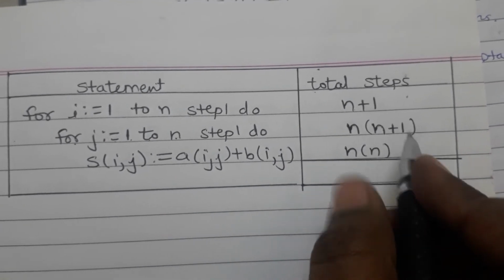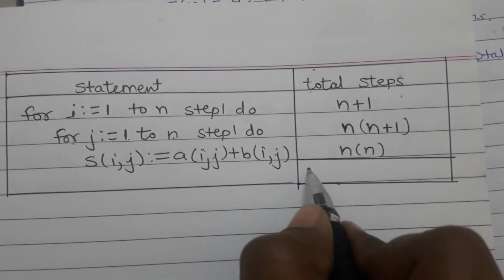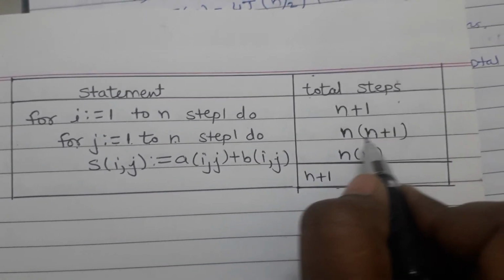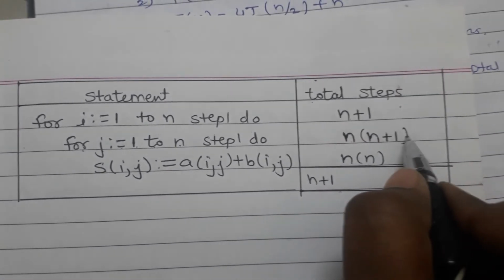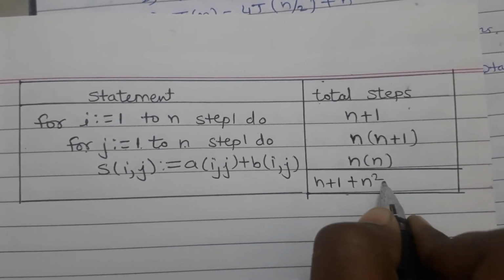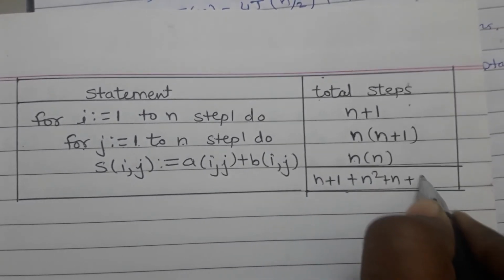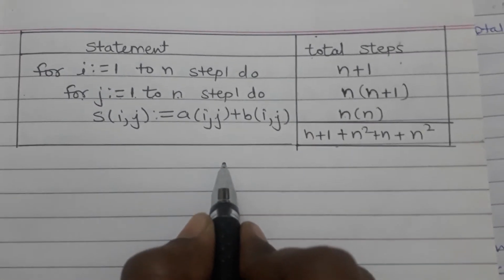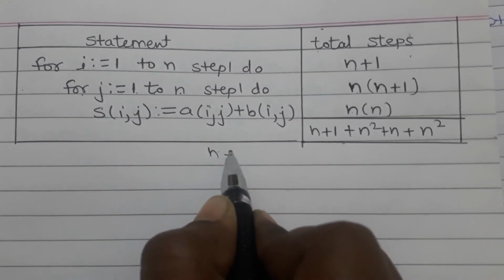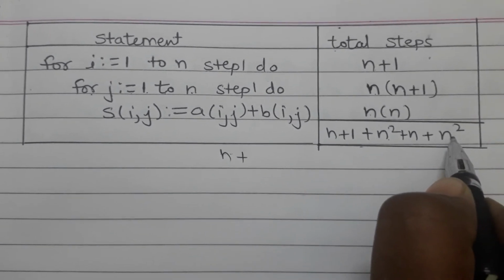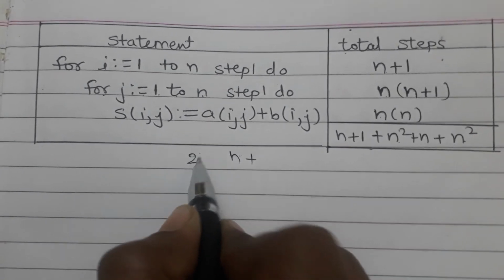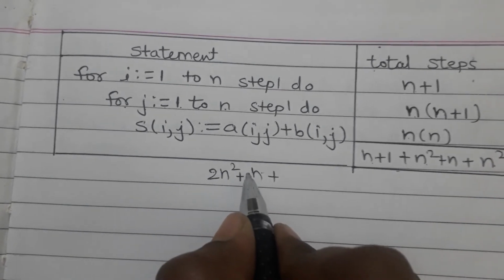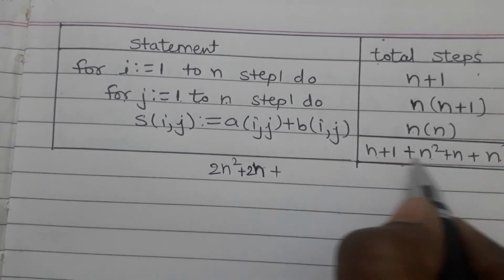So we will add them up. This will be n plus 1 time. This will be n square plus n, as we multiply n with n plus 1, and the last one is n square. If we solve it, it will be n plus n square plus n square, that is 2n square plus n plus n, plus 1.